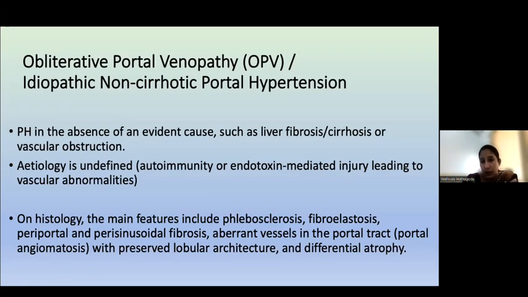So this is one of the entities which we need to know when we don't see a reason, when there is no vascular obstruction, or when there is no liver fibrosis or cirrhosis to cause hepatic portal hypertension.